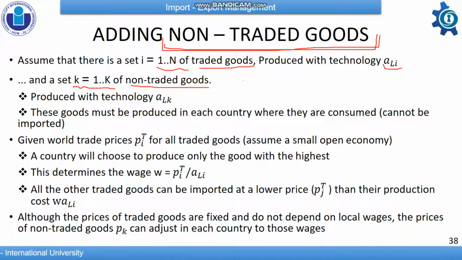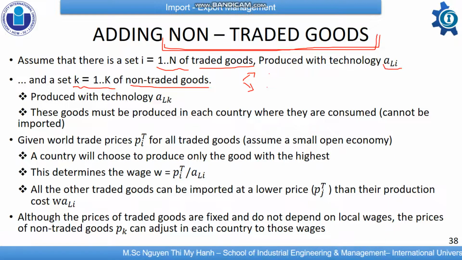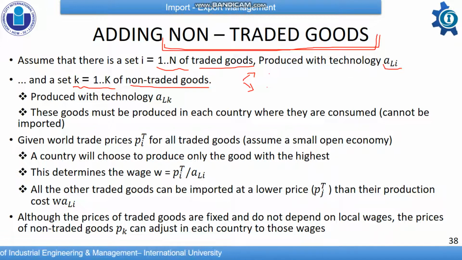So now we consider two different goods. The first one is non-traded and the second one is traded. And for the non-traded good, we need a_Lk hours to produce the product k. And these goods must be produced in each country where they are consumed. They cannot be imported or exported. Okay.